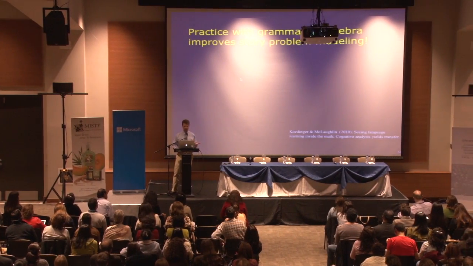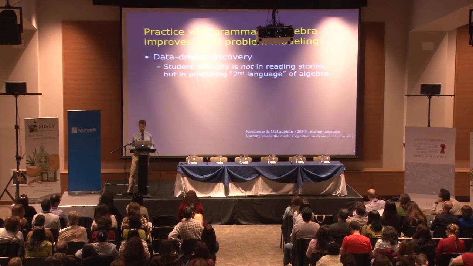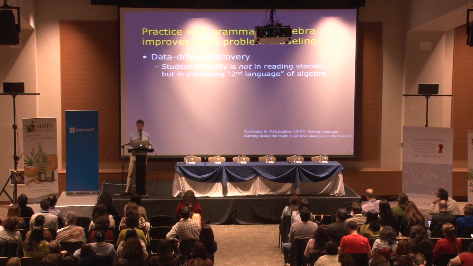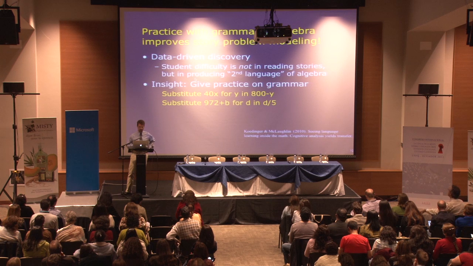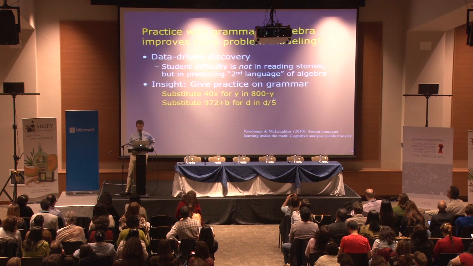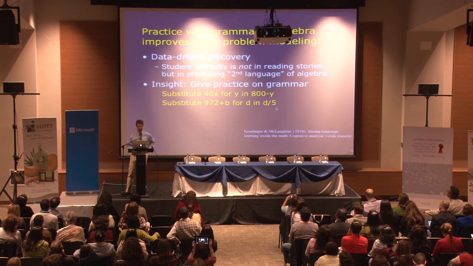So we had this thought that maybe we could practice students with the grammar to help them learn how to produce better expressions in the second language of algebra. And it was a very simple idea. We would give practice on problems like this, which seem to have nothing to do with story problems on the surface. Substitute 40x for y in 800 minus y, or substitute 972 plus b for d in d divided by 5.